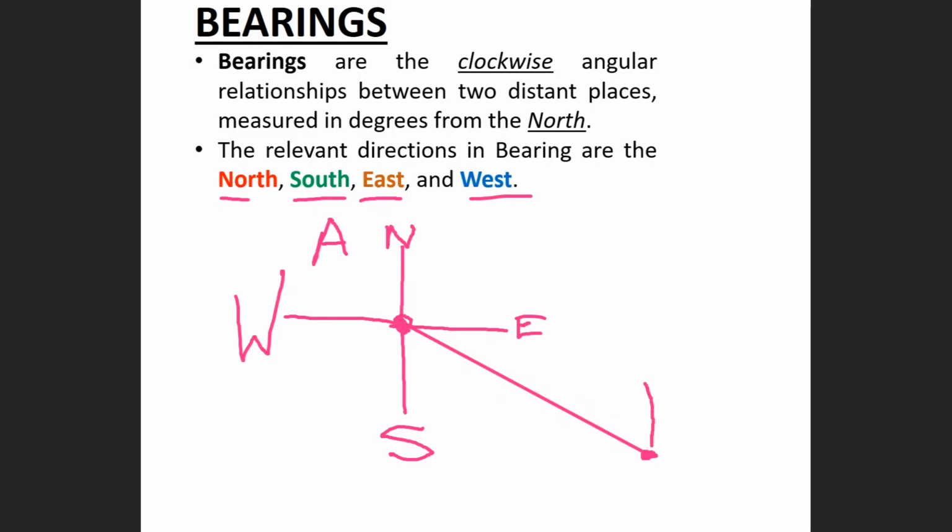Now this point B will also have its own four cardinal points, having north, east, west, and south.